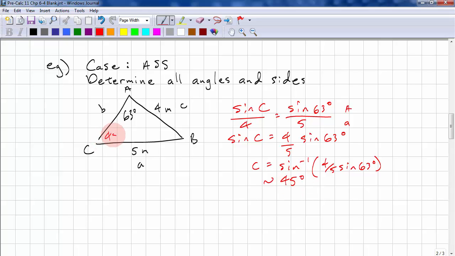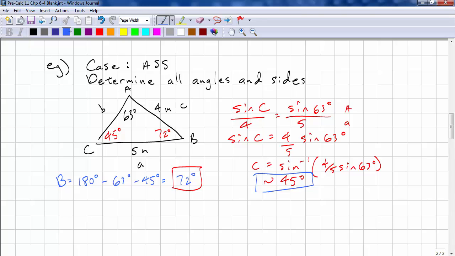And let's label this 45 degrees. Best to circle our answers. Now we determine B, and that's 180 minus 63 minus 45, and we get 72 degrees. Let's put this in here, and we'll circle that.